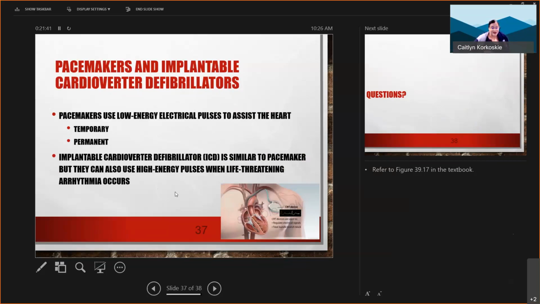It's implanted into their chest. You'll sometimes see, on their left side, a little area that's kind of raised underneath their skin.